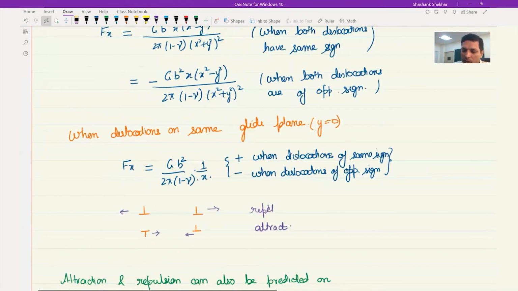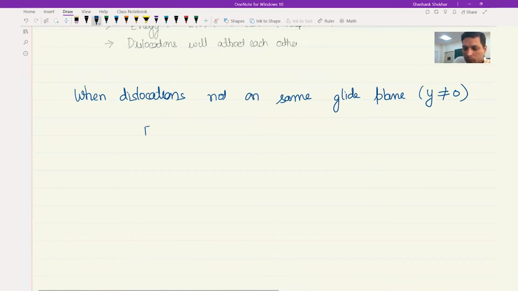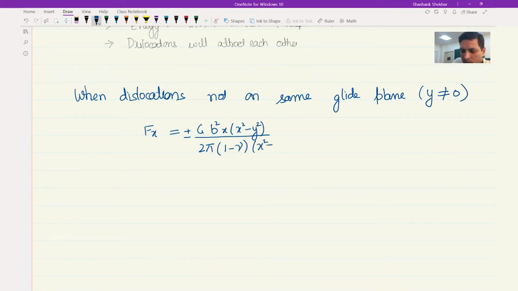So we will go back to our equation, which says that Fx is equal to GB square x, and plus or minus would depend on whether we have the same sign or the opposite sign, which we will look at in a moment. 2 pi 1 minus nu x square plus y square, whole square.